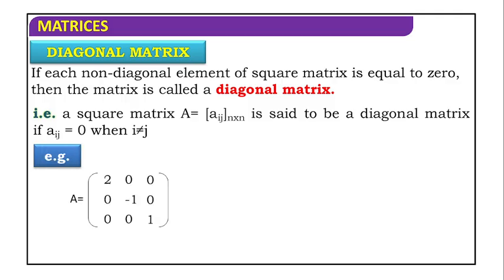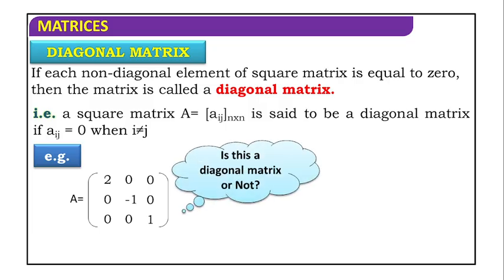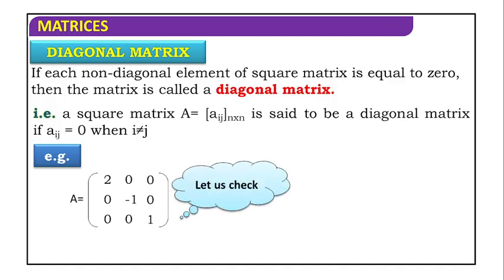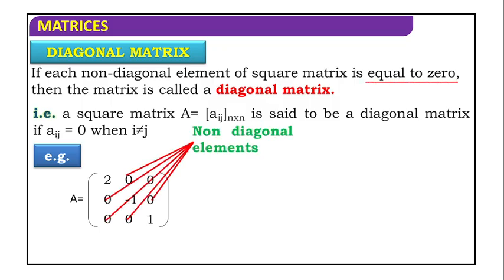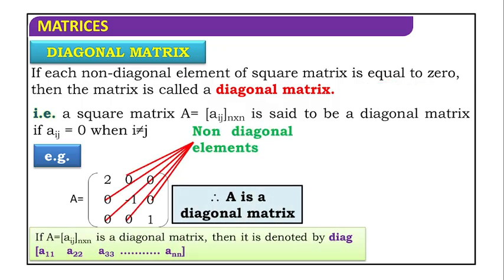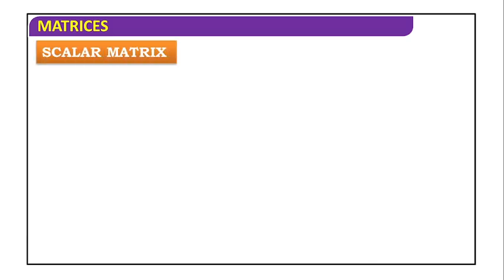For example, A is equal to 2, 0, 0, 0, minus 1, 0 and 0, 0, 1. Here non-diagonal elements are 0. Then diagonal elements are 2, minus 1 and 1. Then this matrix is said to be a diagonal matrix.